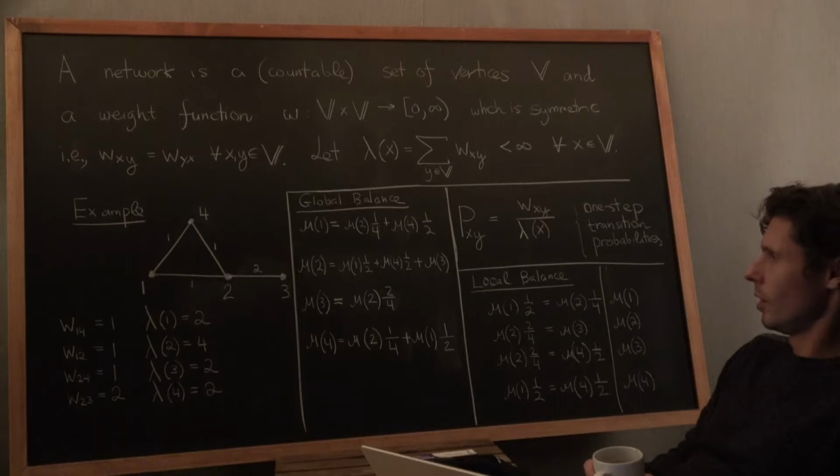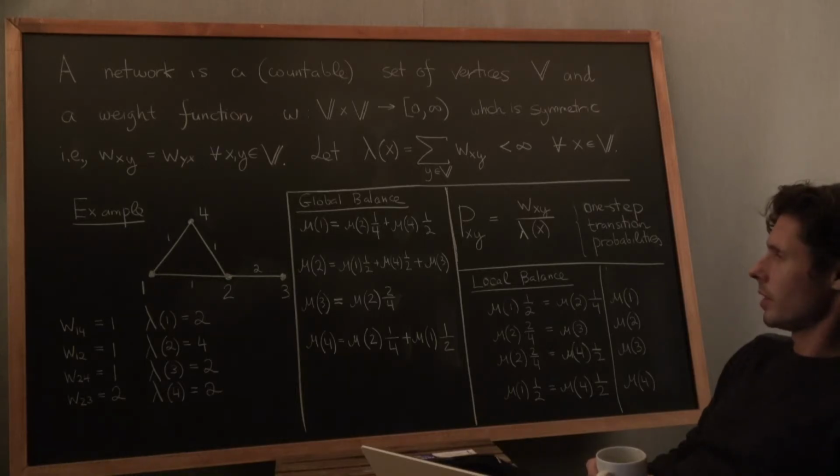Is it more likely to spend more time in vertex 2, or in vertex 4 in the long run? In the long run, it's going to be visiting all these states. But what's the probability that we're going to find it in state 1 after a long time? What's the probability that we're going to find it in vertex 2 after a long time? So you can try to guess it.